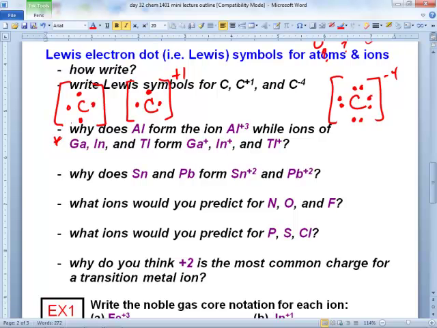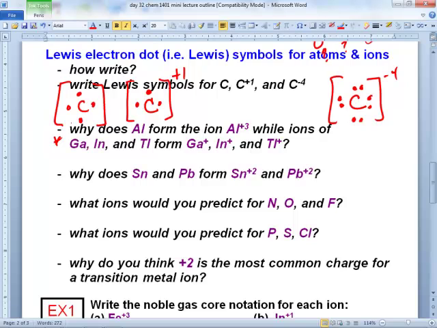Aluminum +3. If aluminum lost 3 electrons, it would have the same electron configuration as neon. That's why aluminum was only +3. Remember, we had to memorize it? Aluminum's only +3 because it loses, right? 1, 2, 3. 1, 2, 3. I have neon. So that's why.